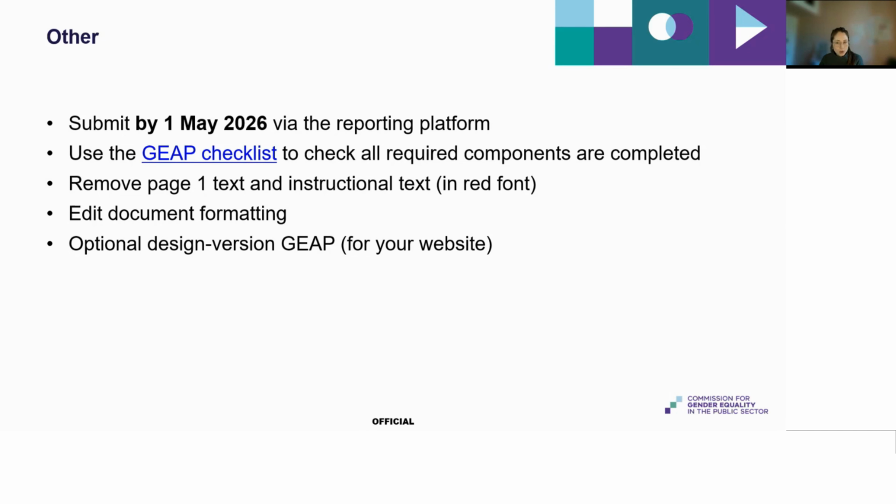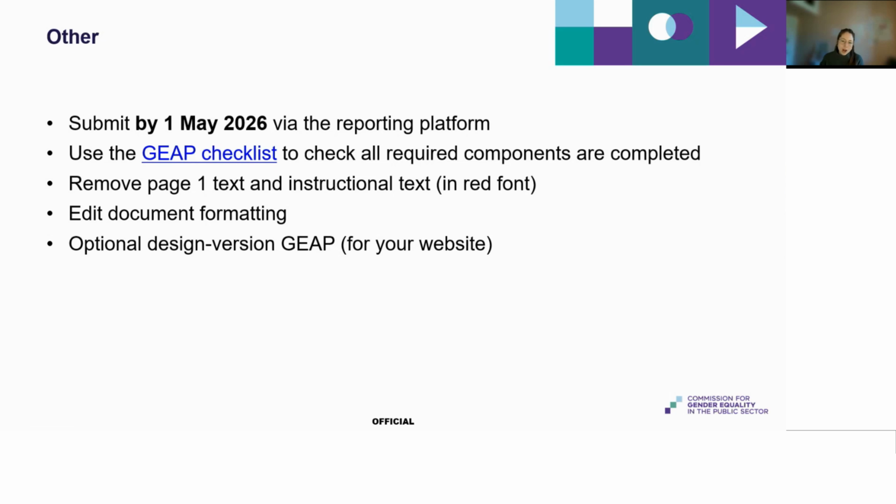If you wish to upload a designed version of your GEAP for your website, it must include all the required sections, and it must not alter the wording you submitted to the Commissioner in the required sections, though you may fix any spelling or grammatical errors.